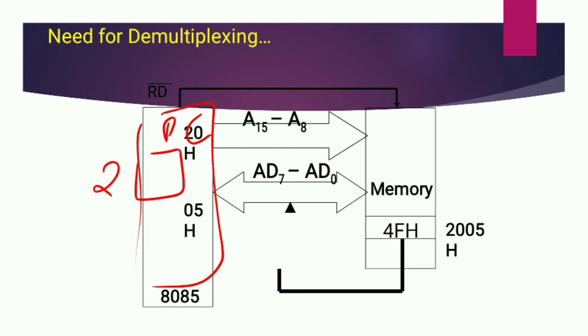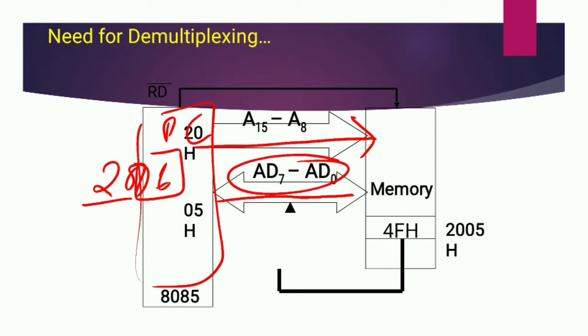Suppose the program counter has the address 2005, and the higher order address is carried through A8 to A15, and the lower order address is carried through AD0 to AD7, which is multiplexed with the data lines. So in memory, location 2005 is selected.